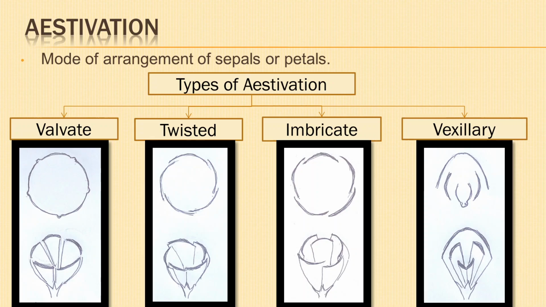The standard overlaps the 2 lateral wings, which in turn overlap the 2 smaller anterior keel petals. This type of estivation is also known as papilionaceous.